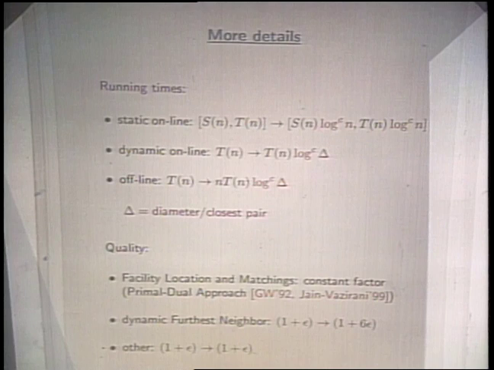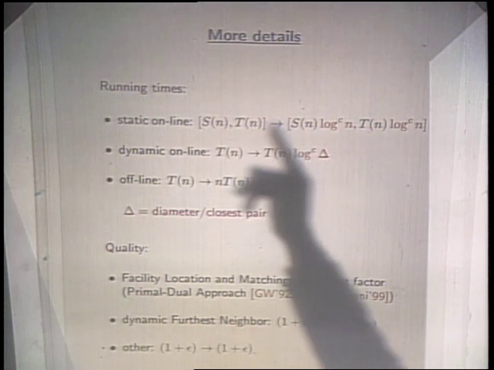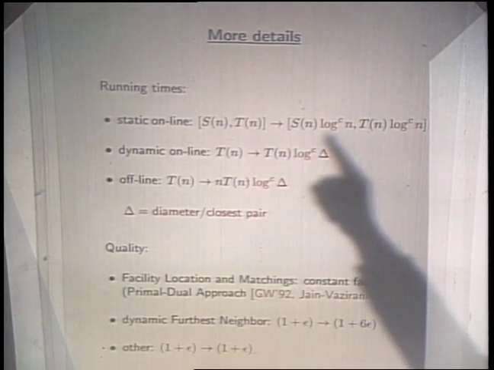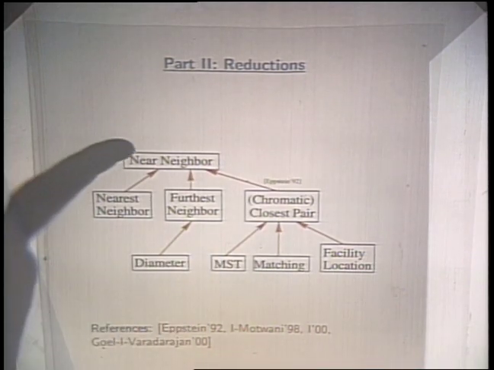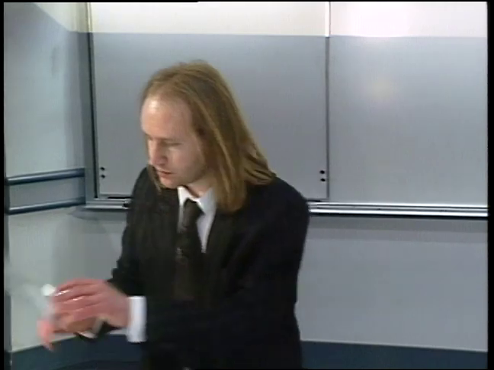In particular, if you have an algorithm which uses S of n space and T of n query time for the near neighbor problem, then we are getting this space and this time for the problem which we reduce from. In particular, this applies to the nearest neighbor problem and furthest neighbor problem. If you have these parameters here, then we have very similar parameters here.